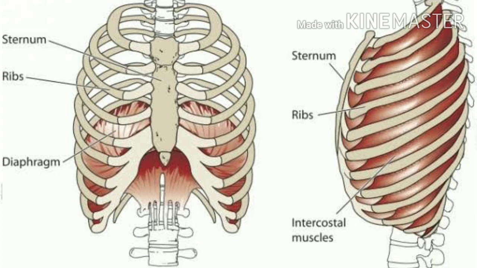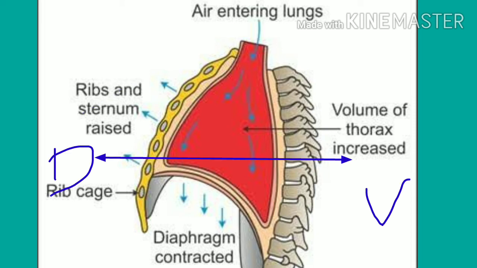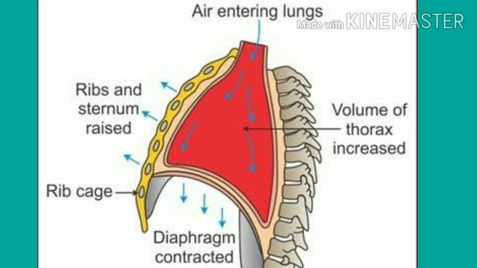The sternum and ribs lift up, move upwards, which helps to increase the volume of the thoracic chamber. How? In the dorsal ventral axis. So overall, the thoracic cavity increases in volume.